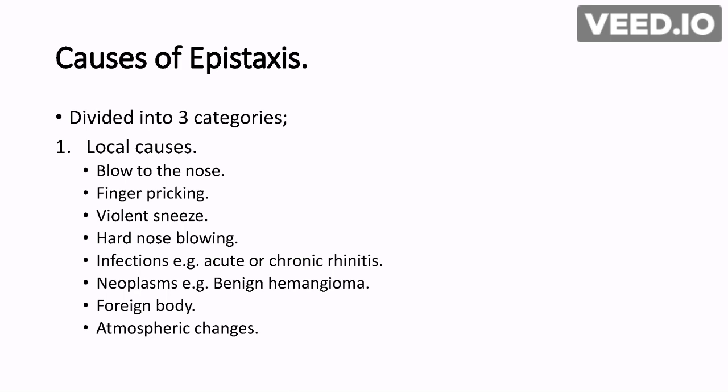But systemic cause means that the cause is elsewhere apart from the nose. It can be coming from diseases from a different part of the body and not from the nose itself.